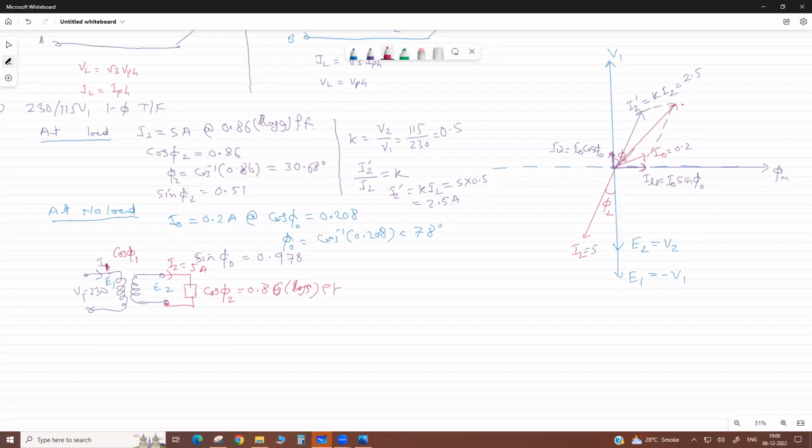This is your primary current I1, and this is your power factor angle phi 1, the primary power factor angle. But my dear, these two values we have. How do we calculate I1 and cos phi 1?